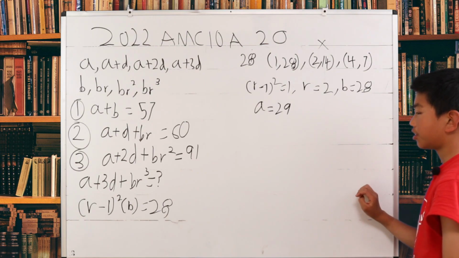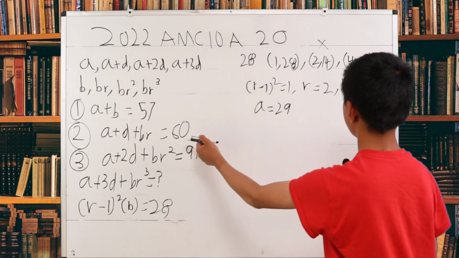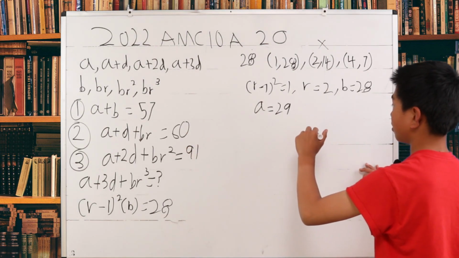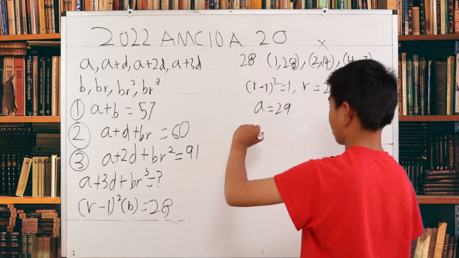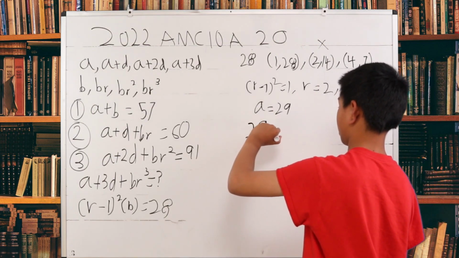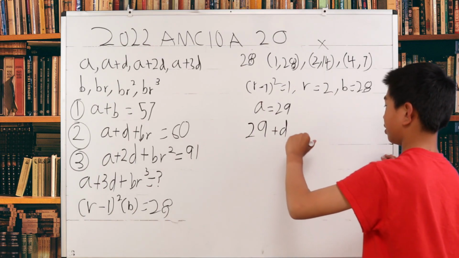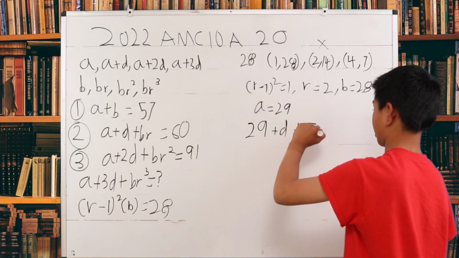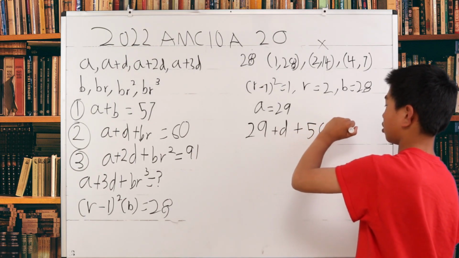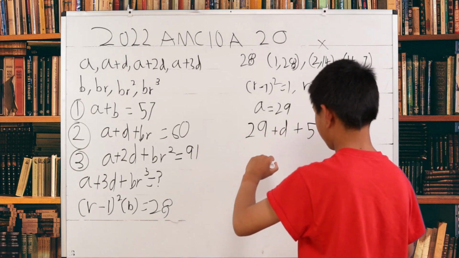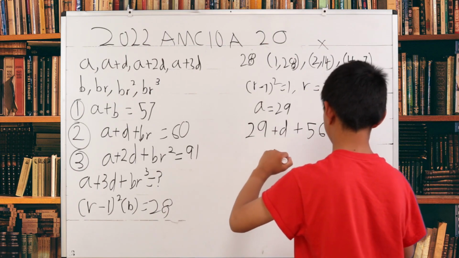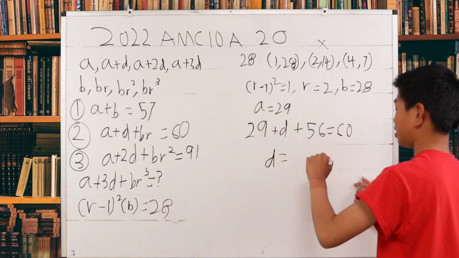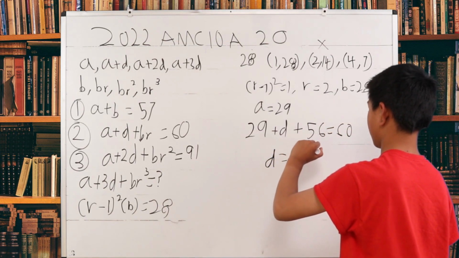So let's use this equation. A is now 29. 29 plus D, that's our unknown, plus BR, 28 times 2, 56, is equal to 60. So D is equal to, I believe, negative 25.